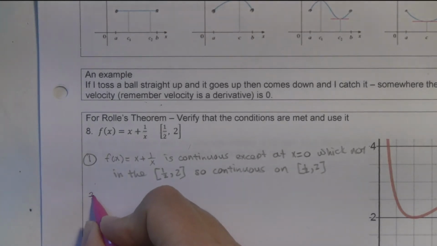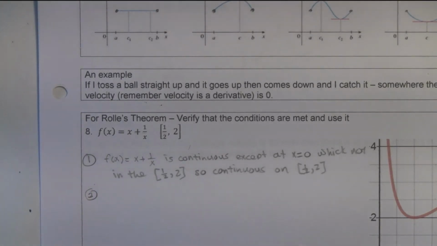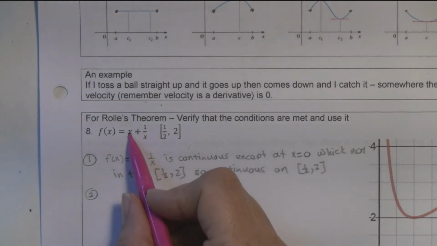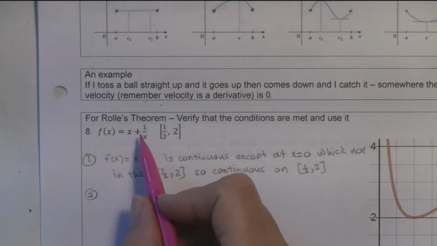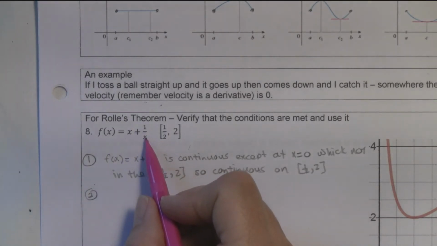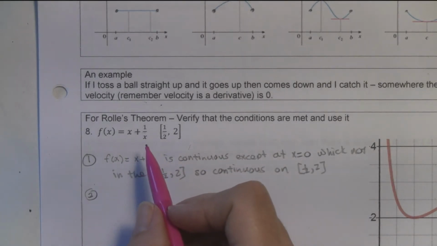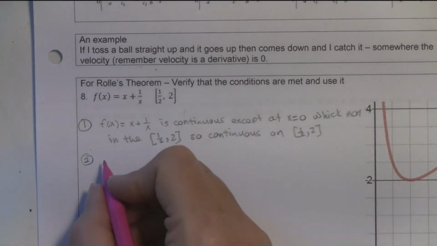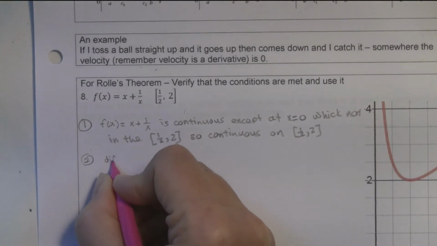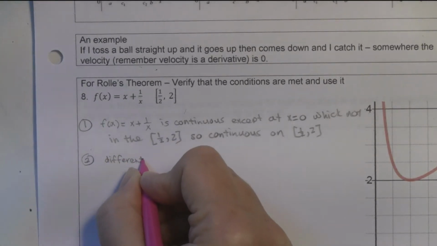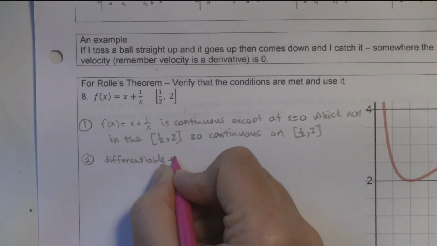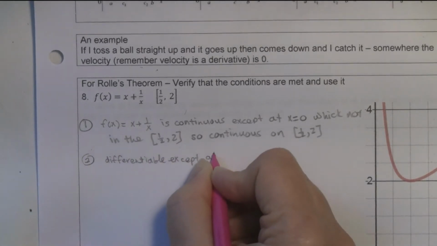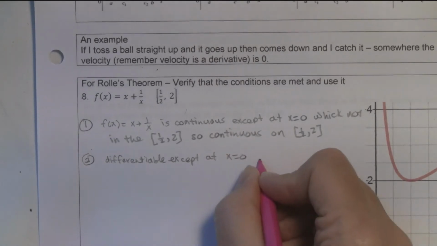Okay, and then I want to convince you that it's differentiable, and so I know that a polynomial is differentiable everywhere, and 1 over x is differentiable except at x is 0, right? Because that's where it has its discontinuity, but otherwise it's smooth. And so this is differentiable except at x equals 0.